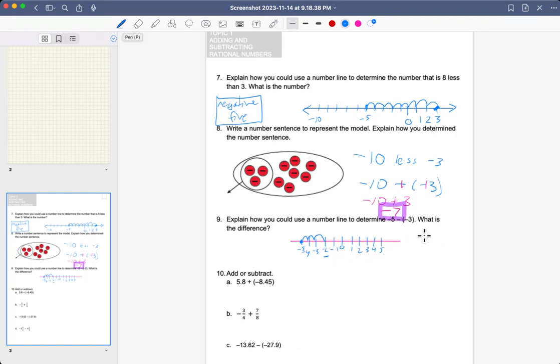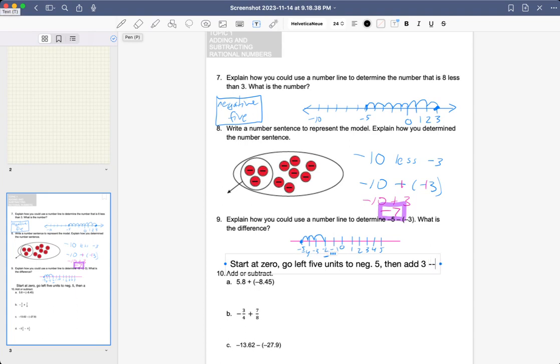So basically, if they ask you to explain it, you could put it in symbols or you could put it in words. Start at 0, go left 5 units to -5, then add 3 to get your solution of -2.